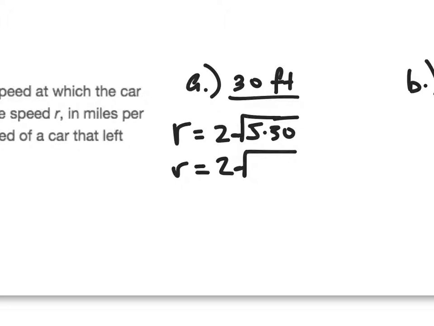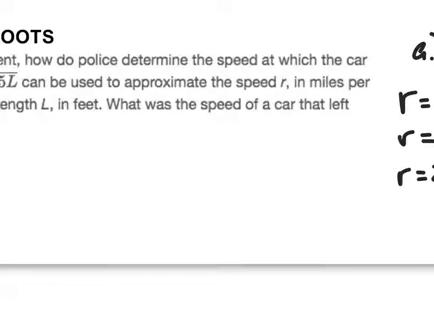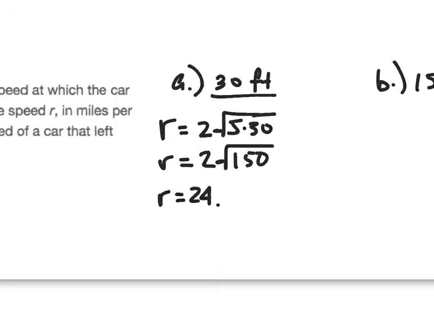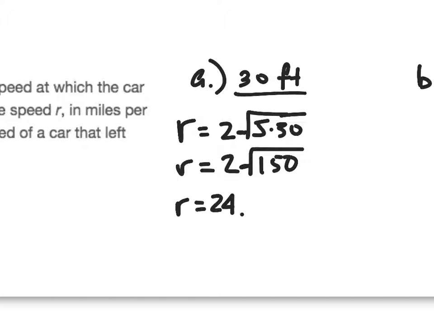So if I take the square root of 150, hit the square root, and then multiply that by 2, this is going to give me a speed of 24 point, and what do we want to do in miles per hour? Oh, let's just round it, 24.5. Let's round it to 1 decimal place, miles per hour.